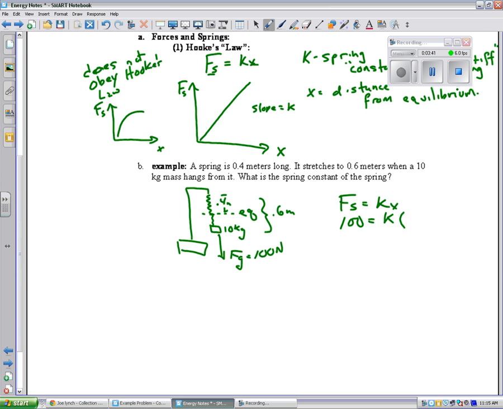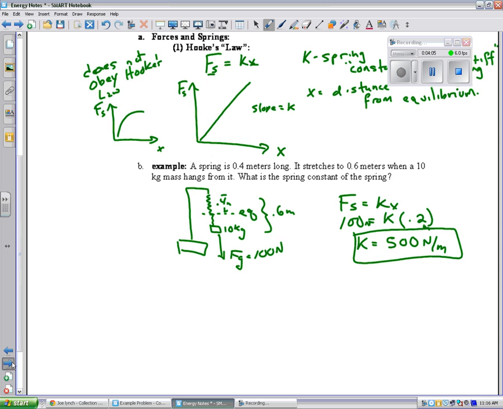So the original length was 0.4, and then it stretched to 0.6. So X is 0.2. And then K would end up being 500. It doesn't have its own unit, but this was in newtons. This was in meters, and I divided newtons by meters. So newtons per meter is the unit for our spring constant. So those are pretty straightforward problems.